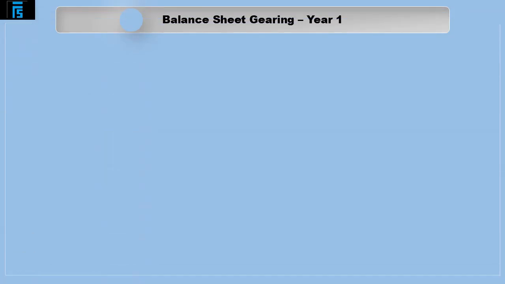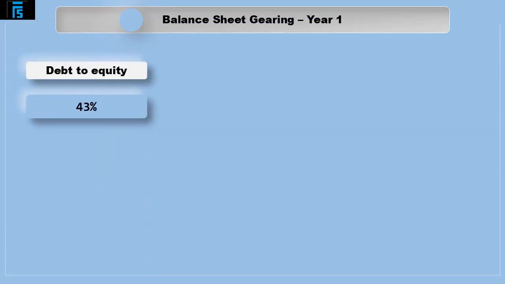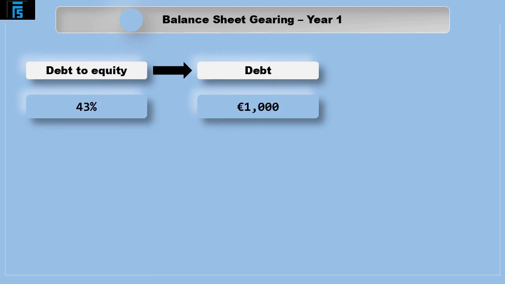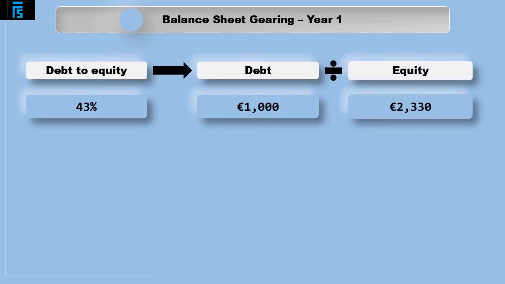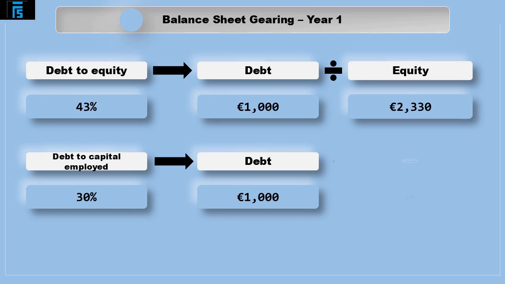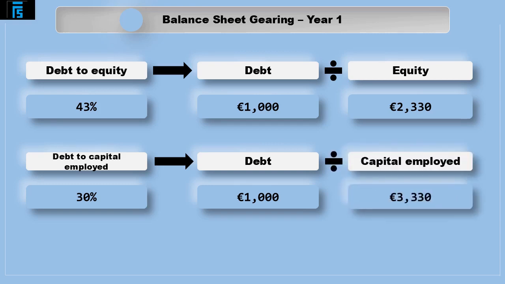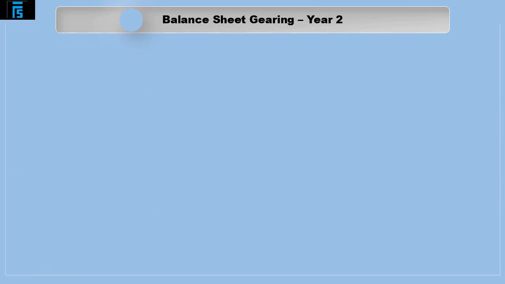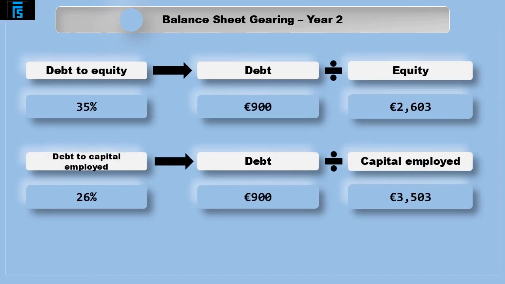In the analyzed example, in year 1, the first type of balance sheet gearing ratio amounts to 43%, that is the €1,000 of debt divided by €2,330 of equity, and the second type amounts to 30%, which is derived by taking the same €1,000 of debt and dividing it by the overall level of capital employed, that is €3,330. In year 2, the ratios come in at 35% and 26% respectively, showing a decline in the level of balance sheet gearing between the years.